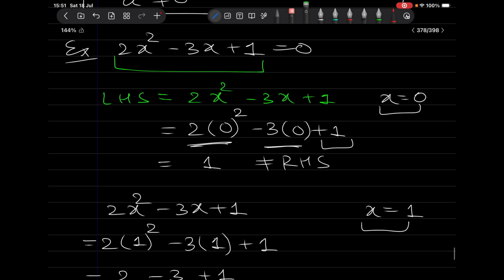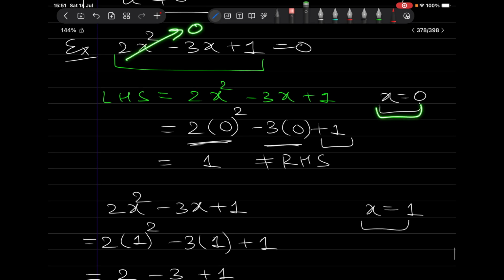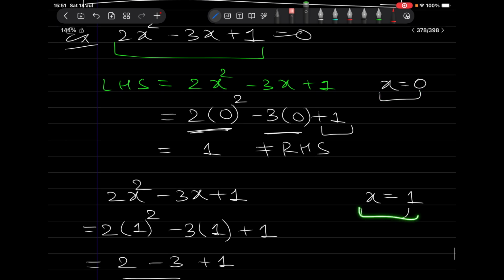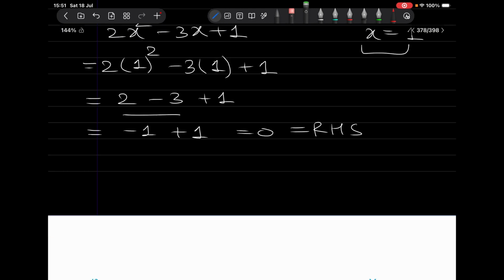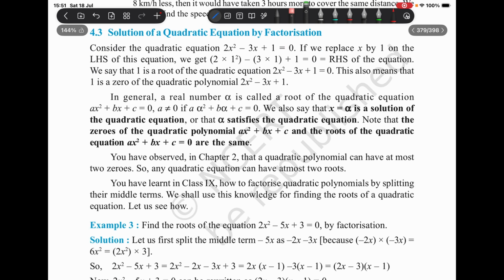So we have replaced x with 0 and that is not giving the right hand side, but we have replaced x with 1 and that is giving the right hand side, that is 0. So if we replace x by any constant alpha, then alpha is a root of the equation if it satisfies left hand side equals right hand side.